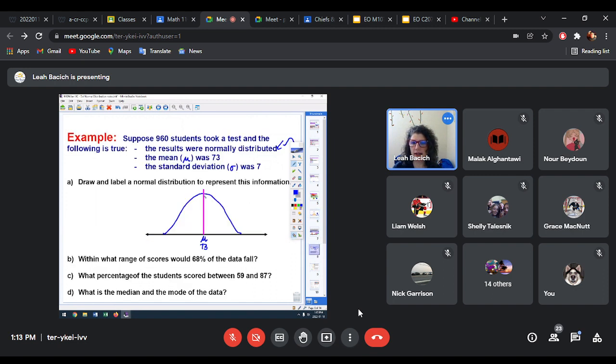So this is now going to be 73 plus 7, which is 80. Then if I add another standard deviation, I'll be at 87. And then another one, I will be at 94. We only graph 3 standard deviations. So this is plus 1 standard deviation, plus 2, and this is plus 3.